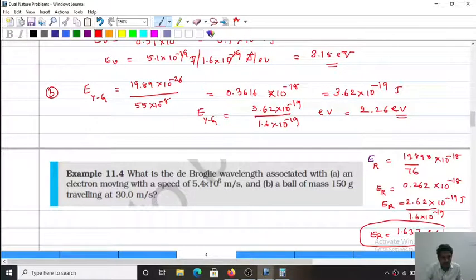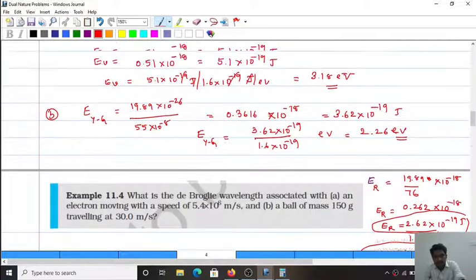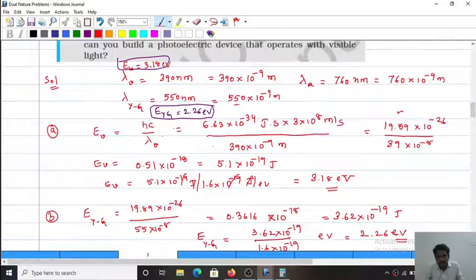In joules, this is the value for red color light. So 1.637 is the answer. So the energy of red color is 1.637 electron volts. Okay, these are the energies.